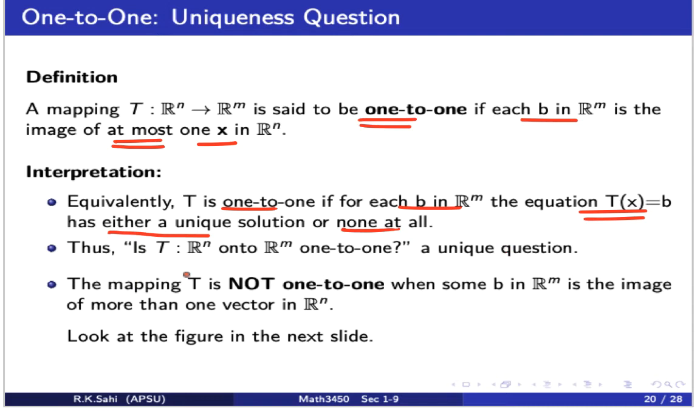Sorry guys, a little mistake, some typo. So is T, Rn into Rm, one-to-one? Is this a uniqueness question?